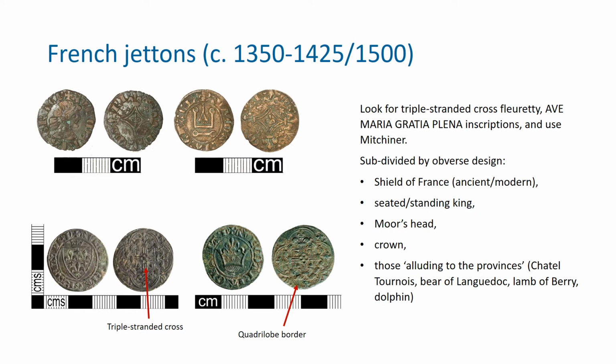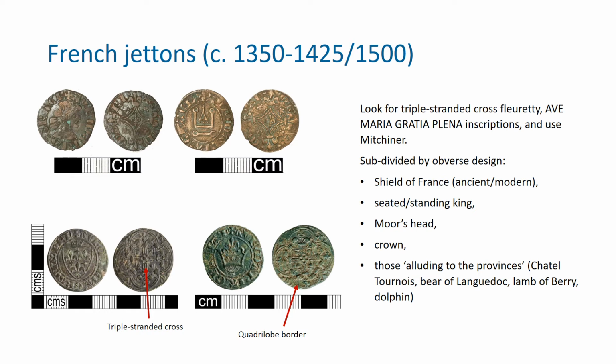A main feature to look for on French Jettons is an elaborate but generally neat reverse cross. These crosses generally have multiple strands and their arms terminate in lis. The most common is a triple-stranded straight cross with a double quadrilobe border. The classification of French Jettons is based on their obverse design.